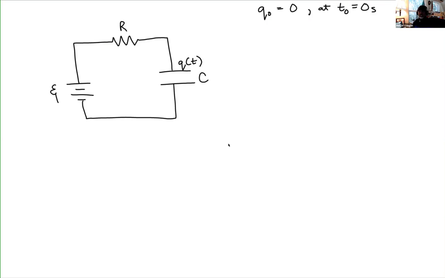But after some amount of time, our capacitor is going to be maximally charged with a maximum amount of charge. Our goal on this problem is how long does it take to fully charge the capacitor? So to do that, we're going to need an equation that represents charge and its relationship with time.